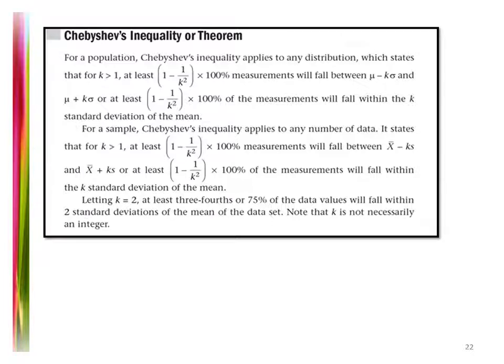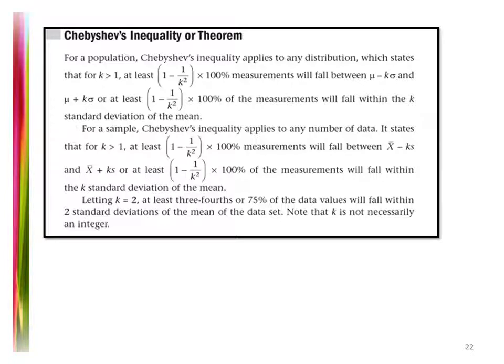Similarly, in the sample case, the Chebyshev inequality applies to any number of data. It states that for k greater than 1, at least 1 minus 1 over k squared, times 100%, of the measurements will fall between x bar minus k times s and x bar plus k times s. Here it is important that k be strictly greater than 1, not equal to 1.